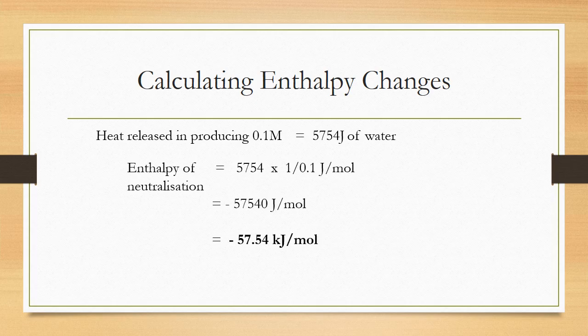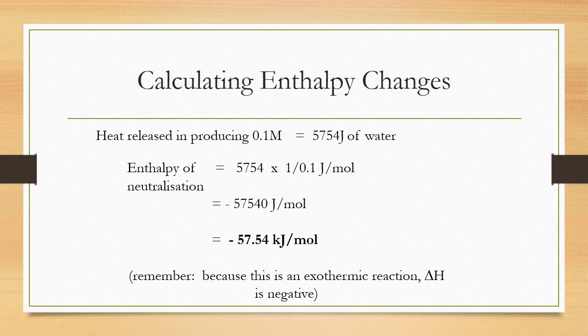So we need to do some conversions. What we want is 1 mole, so it's going to be 5,754 times 1 divided by 0.1 joules per mole. Okay, we've got 0.1 moles, we want to get to 1. This is why we do this conversion. And it's going to be minus 57.54 kilojoules per mole. Okay, again, quite a large number. So this makes sense again, because it's an exothermic reaction, delta H should be negative, so we're on the right track.